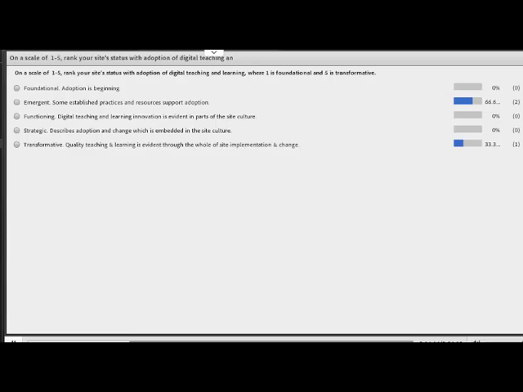Okay, that's great. Most sites will be around emergent or functioning, because it is a pretty new thing to be involved in digital teaching and learning, especially if the site is large. But with the change management practices that CloudEd uses, it targets all teachers in the process so that they don't feel marginalised and they do feel included.